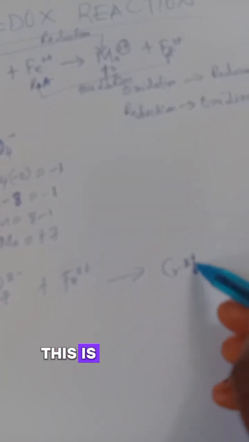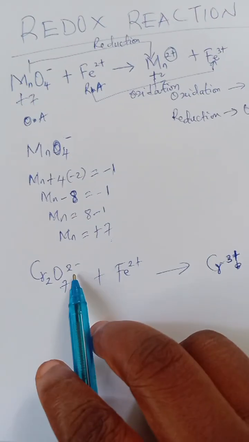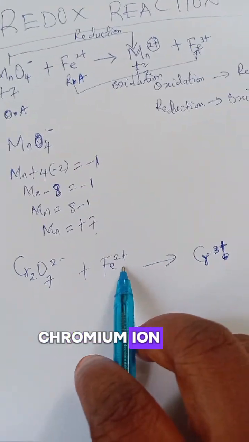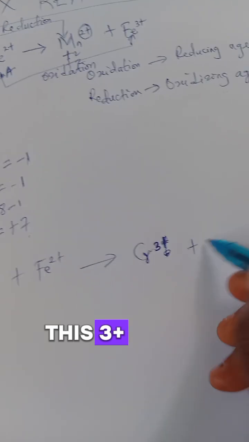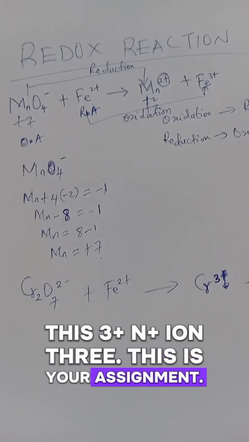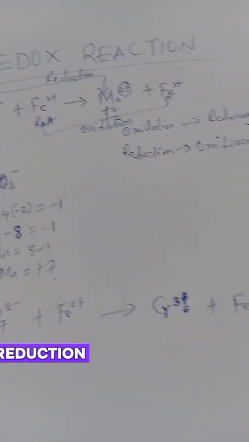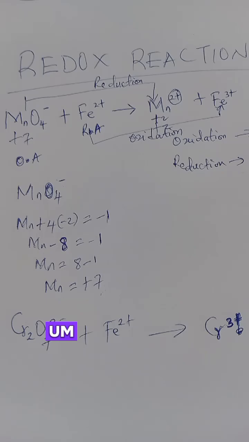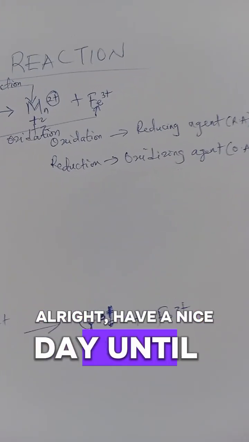This is chromium 3, chromate ion, iron 2, chromium 3 plus, then iron 3. This is your assignment. Please do it. Ascertain the one that is undergoing reduction and oxidation, and state the reducing and oxidizing agent, just like I did here.